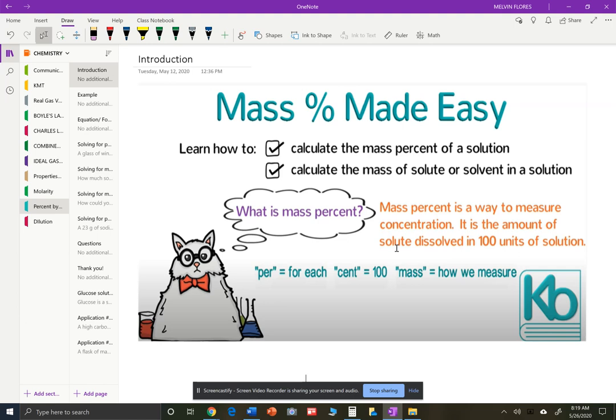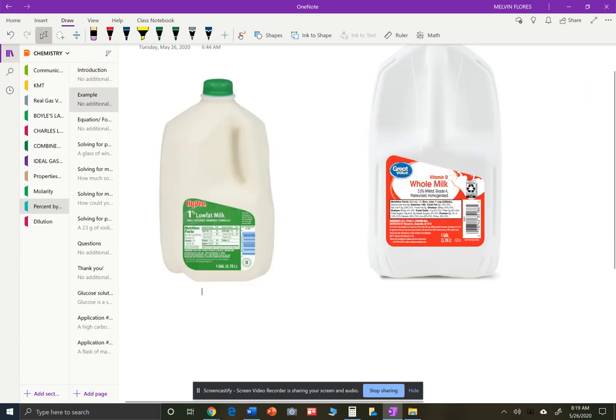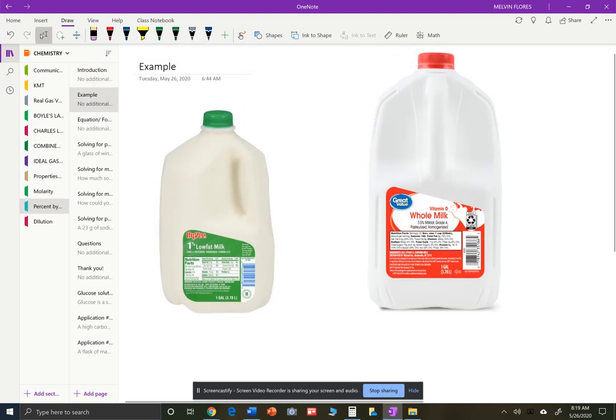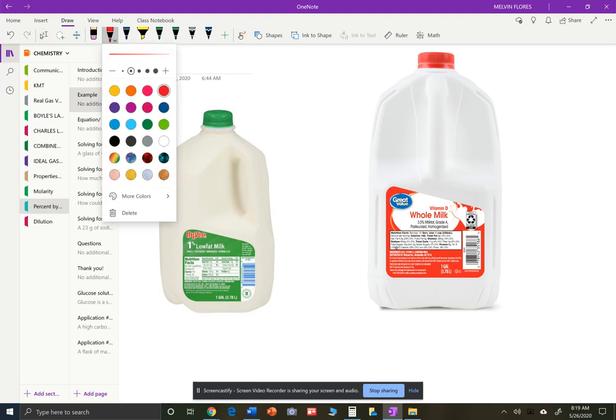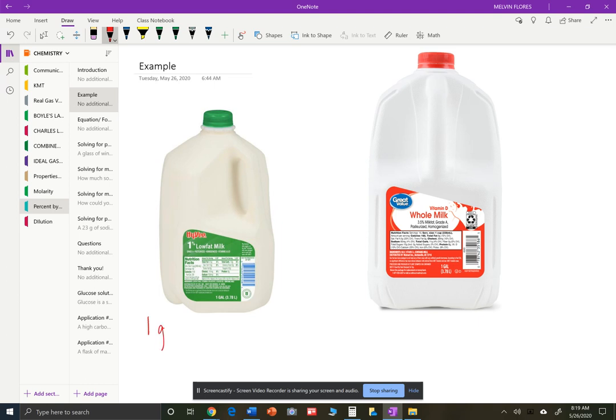So if we have, for example, 1% milk, this means that we have 1 gram of fat for each 100 grams of 1% milk.